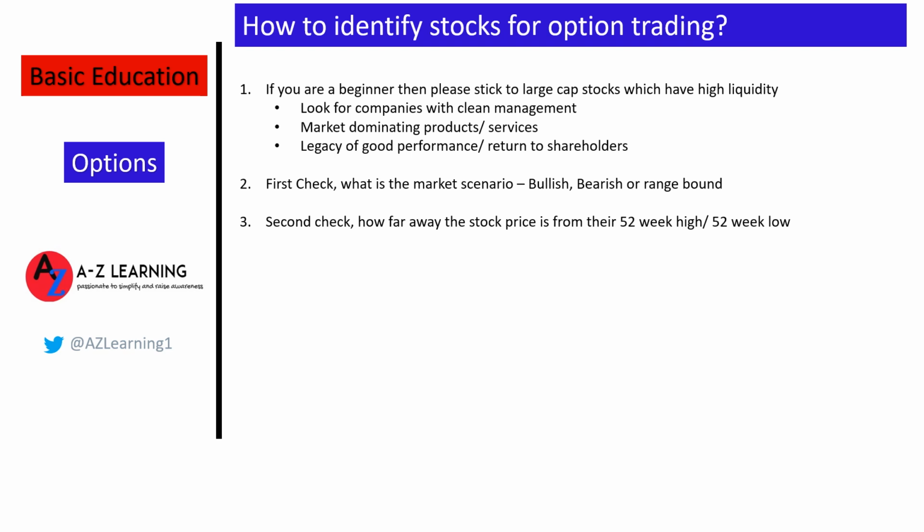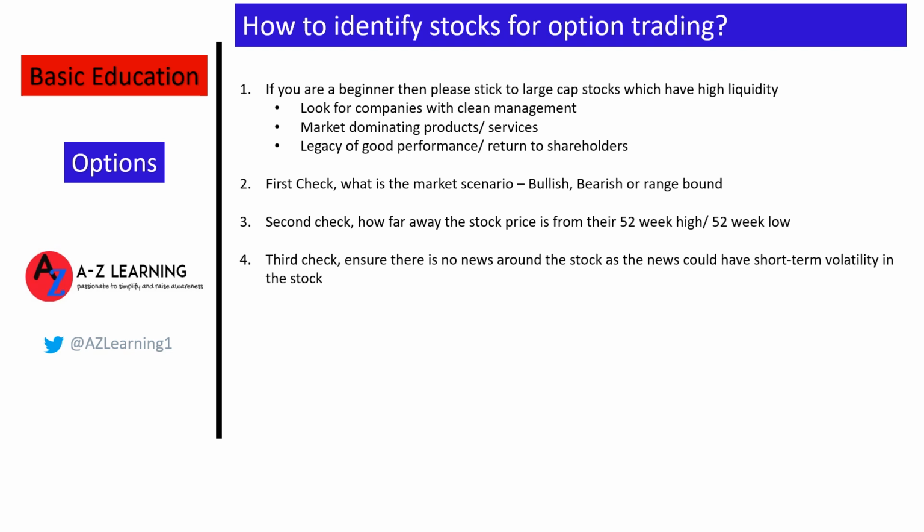You need to make sure that the price is the right value for you to be trading in the option. So that's very, very important, and you can determine that over a 1 year period, whether the stock is at its peak or at its bottom or somewhere in the middle. That is an important check for you to do.